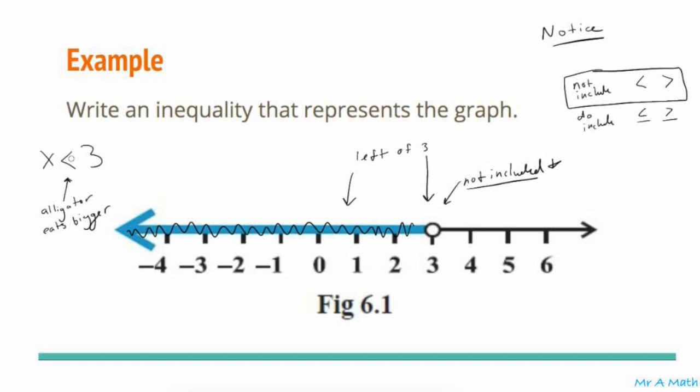So since I write it this way, this would read x is less than 3. If I were to write it this way down here, this would say x is greater than 3. So that's not going to work because I'm talking about all the numbers that are less than 3. Okay? Let's move on to the next slide.